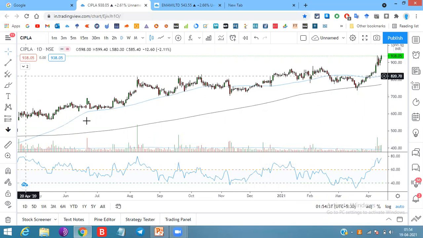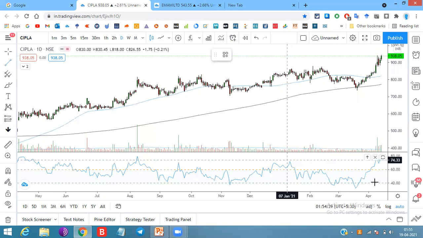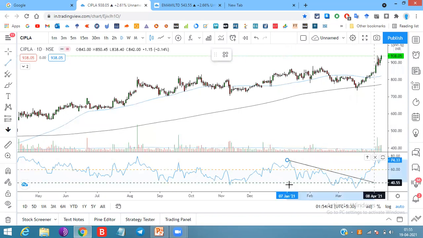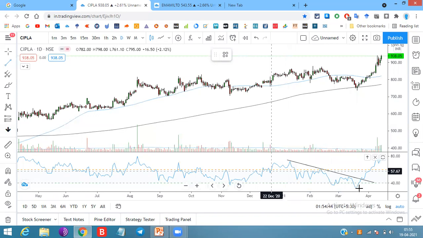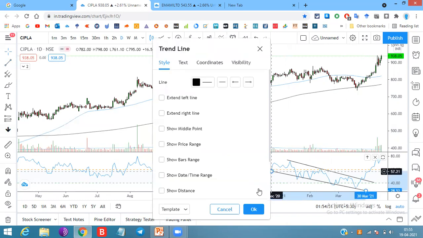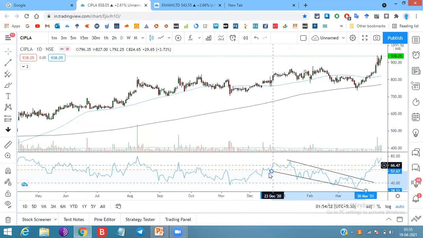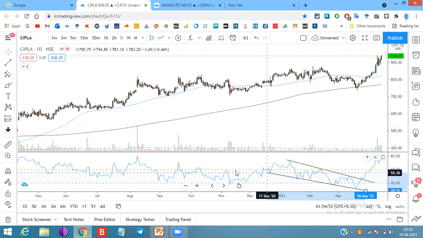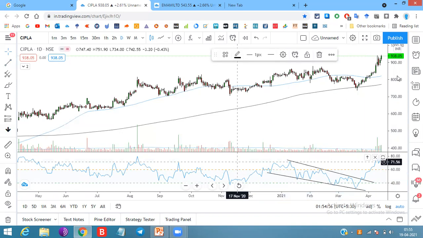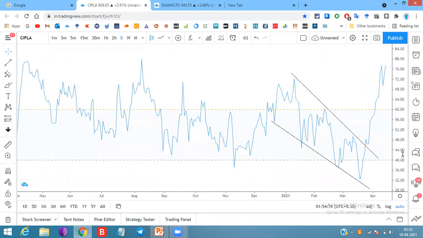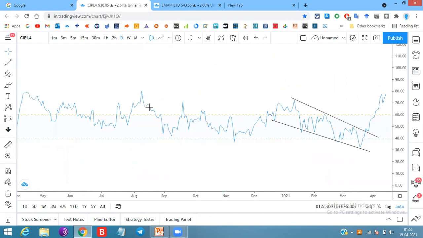Let me put this. See if there is any channel to structure.